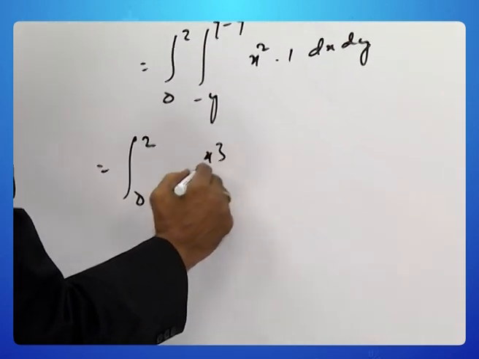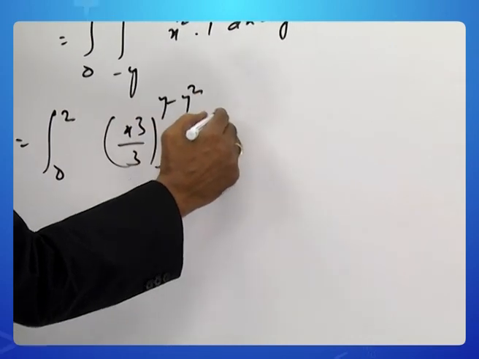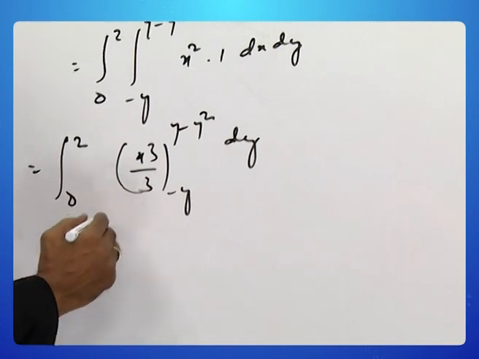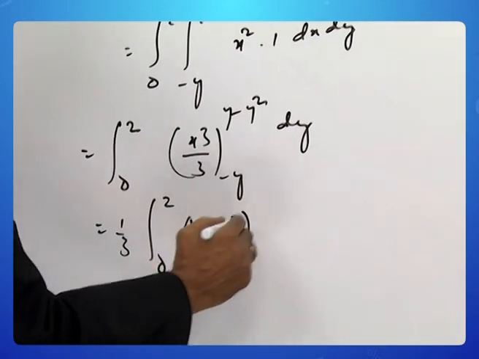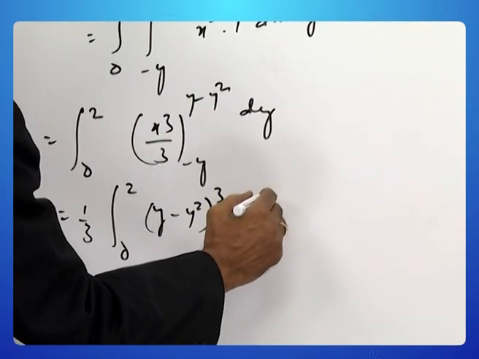This will give us x cubed by 3 from minus y to y minus y squared dy, which is 1/3 0 to 2 y minus y square whole cube. Minus of minus y whole cube is plus y cube.